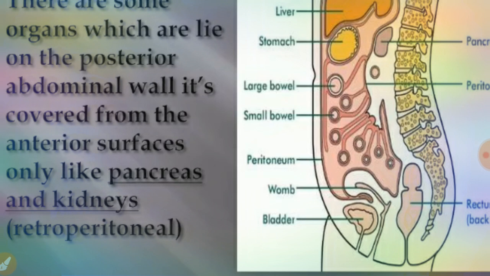Out of the retroperitoneal organs, only a few lie on the posterior abdominal wall covering the anterior surface, mainly the pancreas and the kidneys.